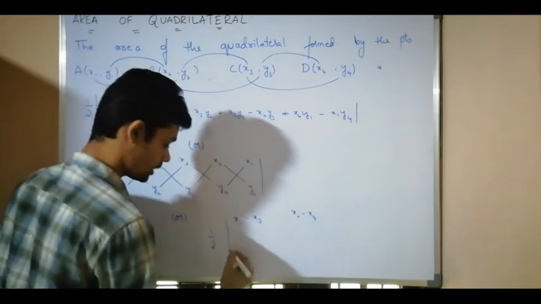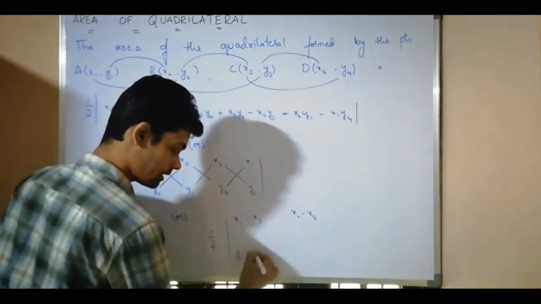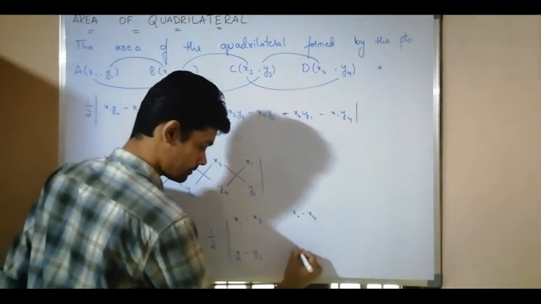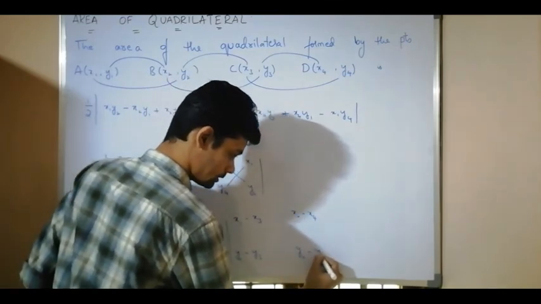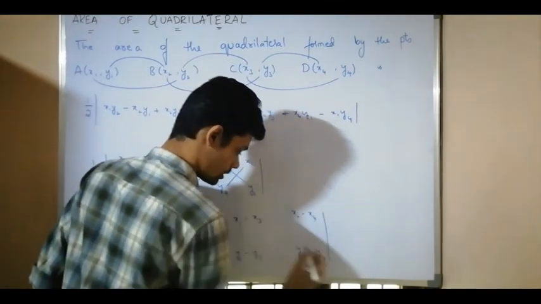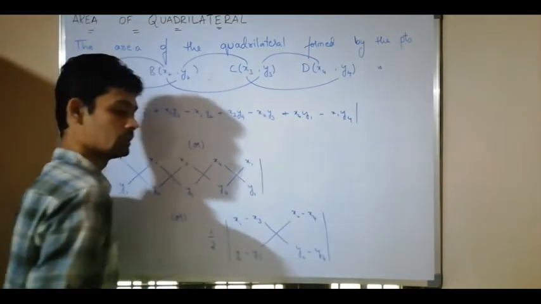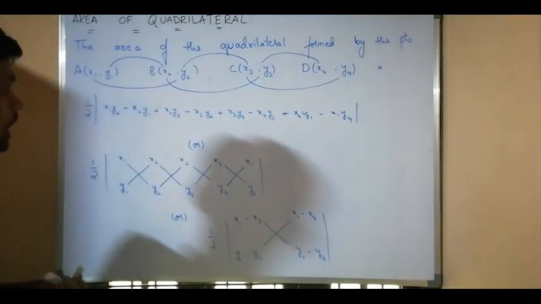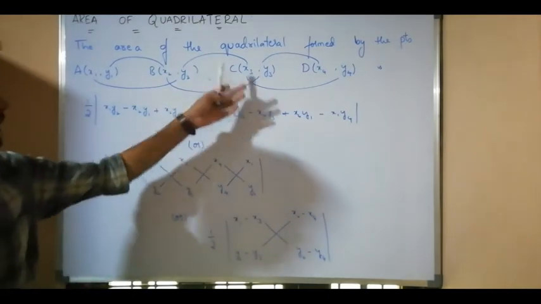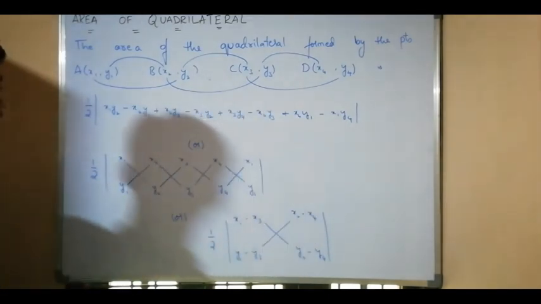Same thing with y coordinates, y1 minus y3, y2 minus y4. Again cross multiply this one into this one minus this one into this one. Now this is the area of a quadrilateral formula.